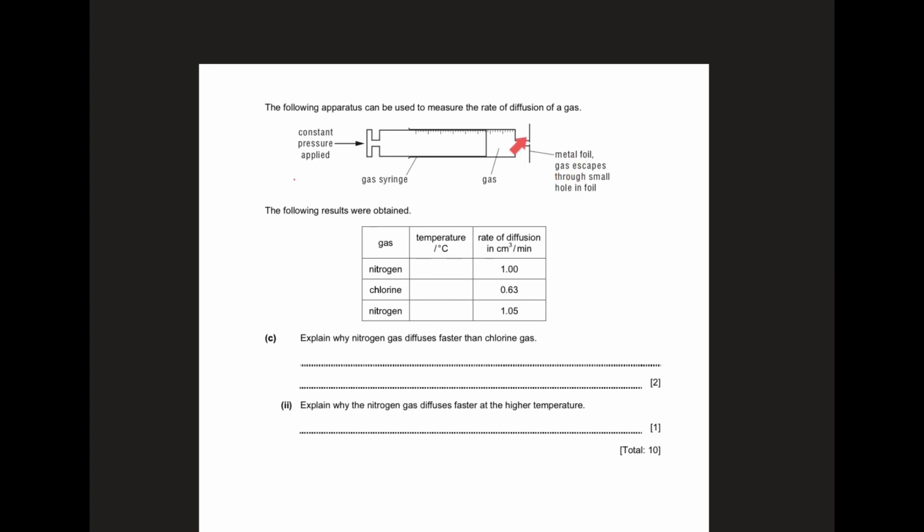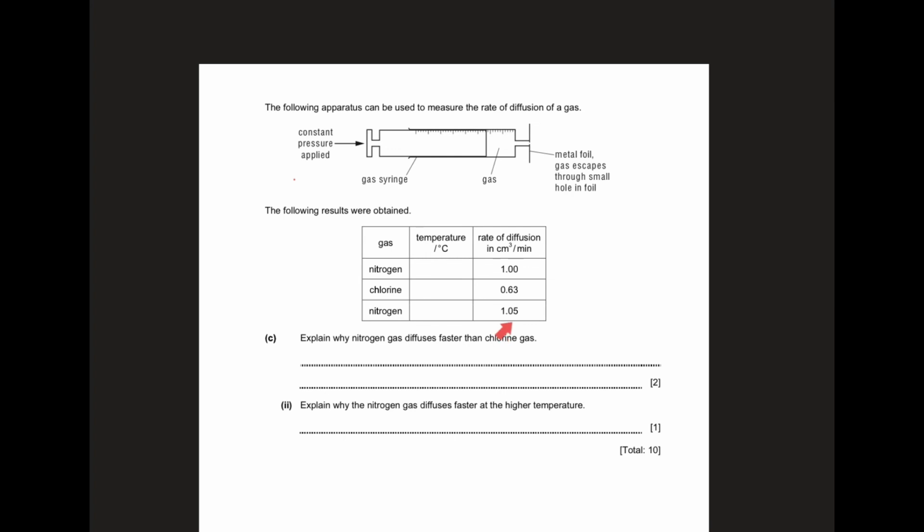Gas escapes through a small hole in foil. So you can see there is a small hole there. So the gas will come out. The following results were obtained. Nitrogen, temperature is blank. Rates of diffusion 1, 0.63, and then 1.05.